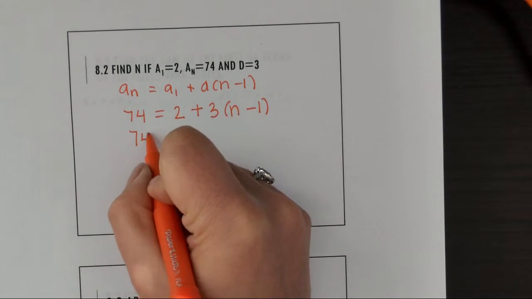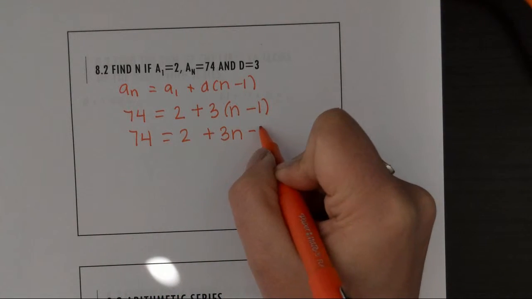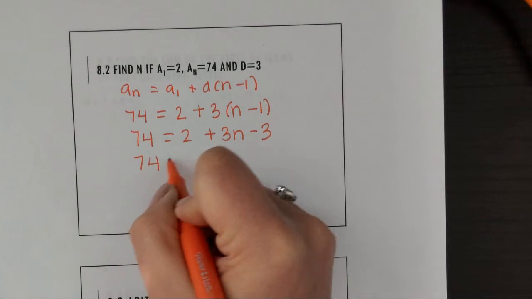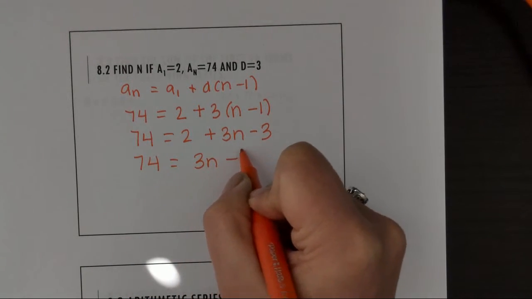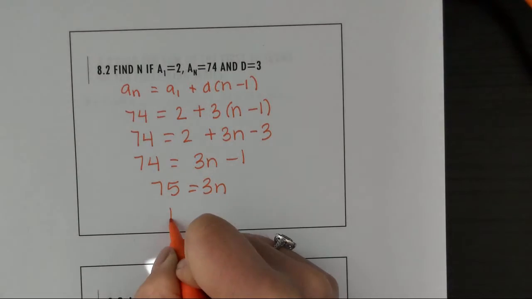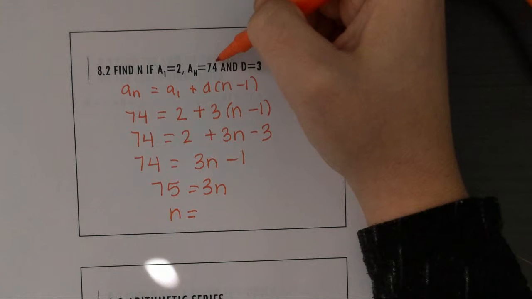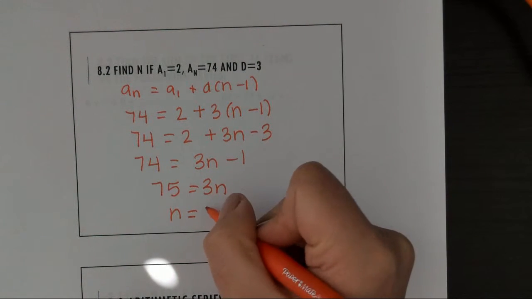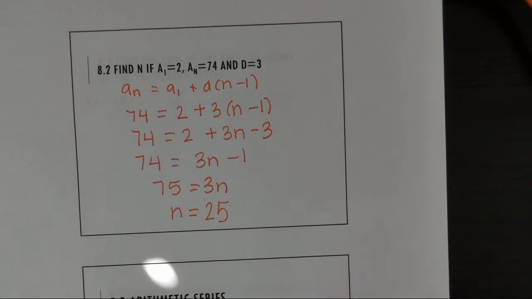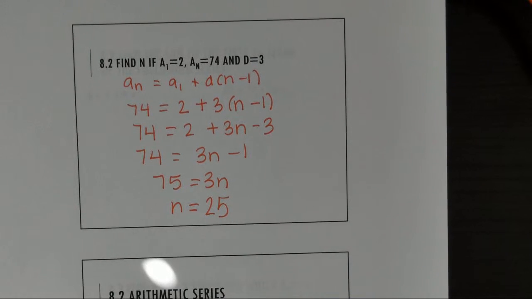So now I'm just going to simplify. So that means if our nth term is 74, the term number must be 25. So it's the 25th term of that sequence.